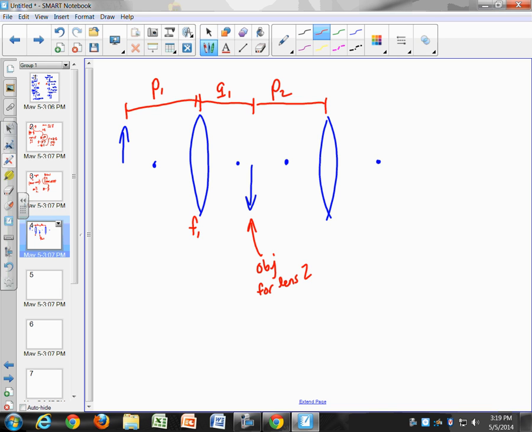I would give you the separation between the lenses, and then you would just subtract the image distance Q1 from that. So for example, if this was 10 centimeters and this was 30 centimeters, then P2 would equal 20 centimeters. And then you go about your business. So if this is F2, then we can calculate what is Q2.